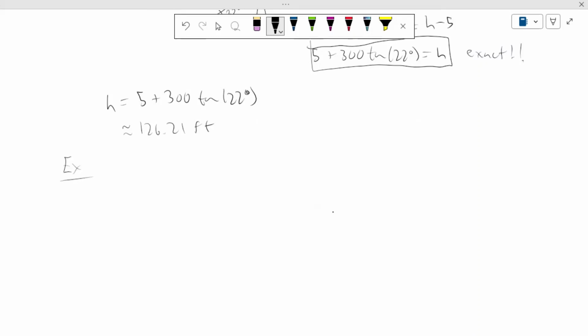Okay, so a building that is 21 meters tall casts a shadow 25 meters long.